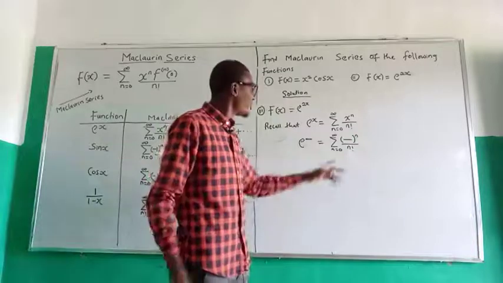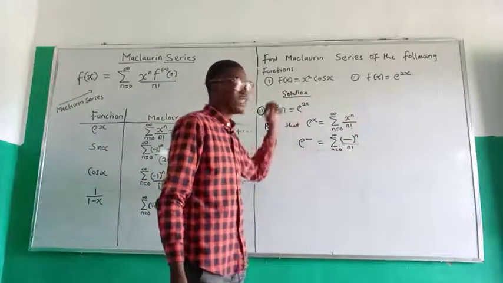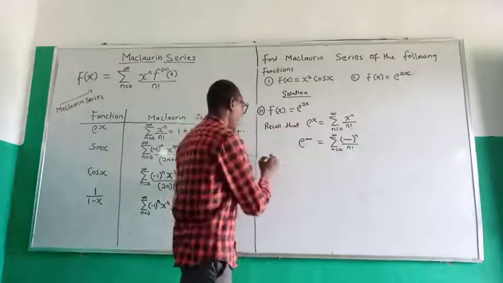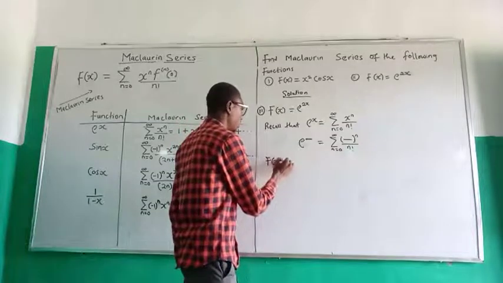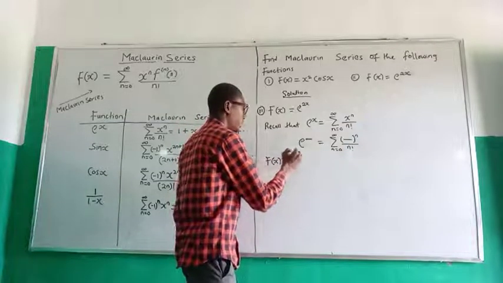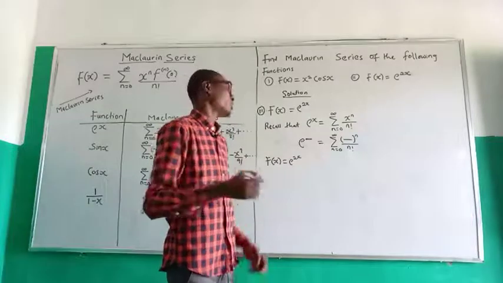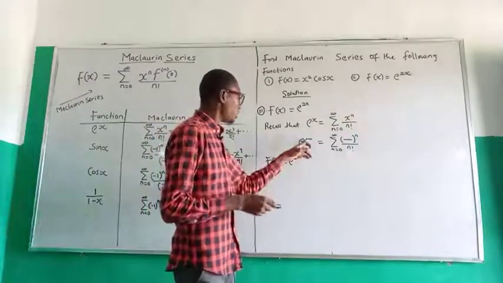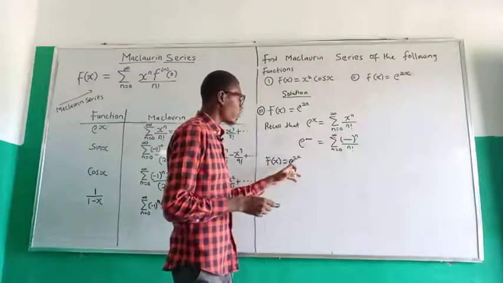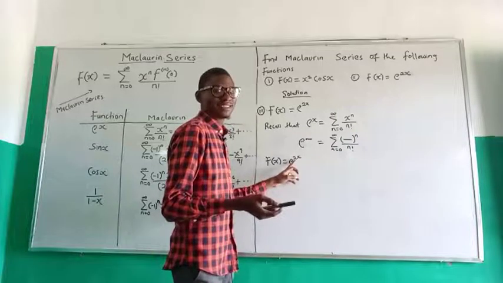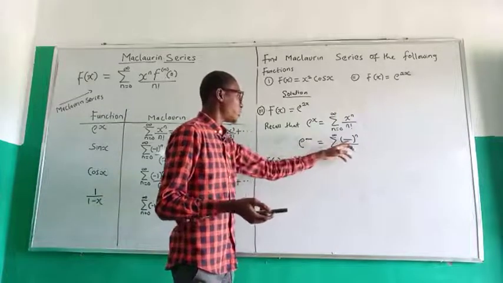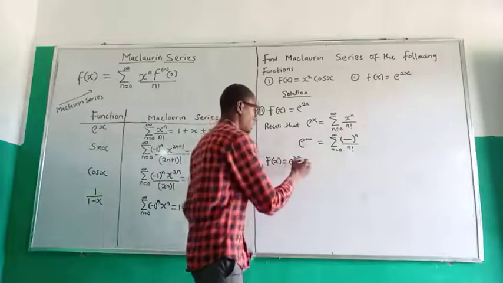Now I want to use this simple method to solve this question, where f of x is given to be exponential 2x. Don't forget we are looking for the Maclaurin series. In the place where you have the placeholder here, we put 2x.